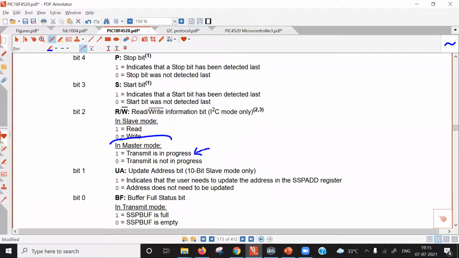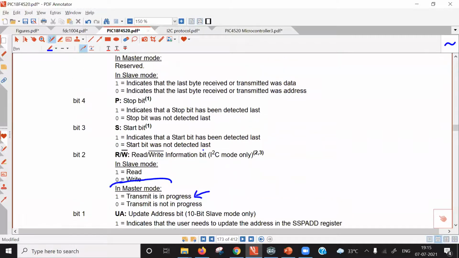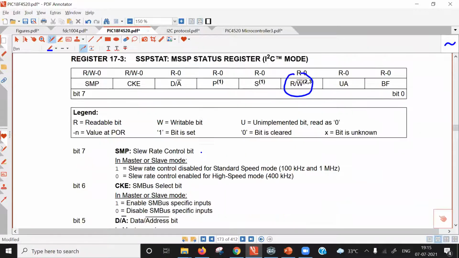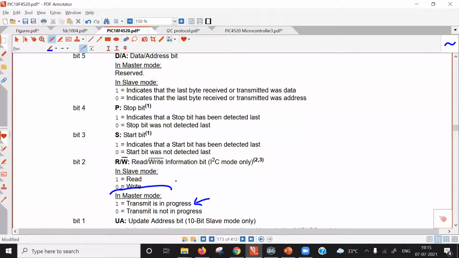So transmission is not complete, it is in progress. When transmission is in progress, we cannot write data to the SSP buffer register as long as all 8 bits in the shift register are not shifted out. So this bit is an indication that the I2C module is busy transmitting the current byte. So it is not free. So we must wait.